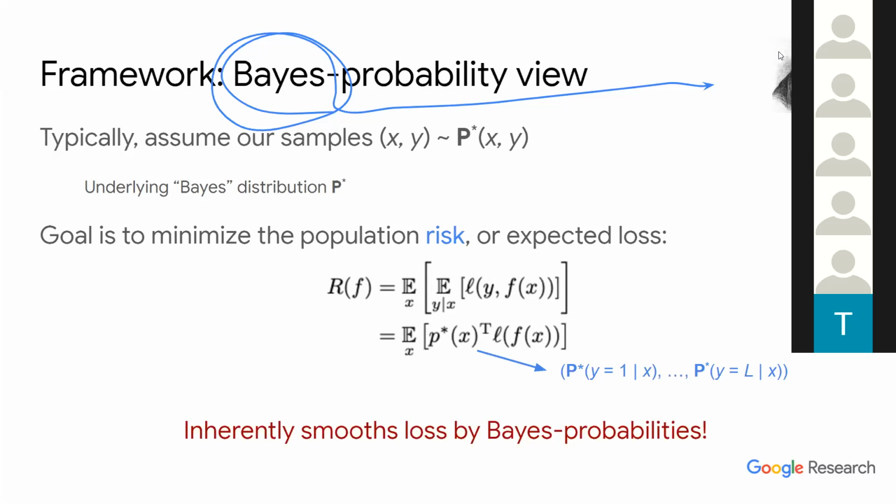This is the exact risk, which is what we want to have. And the empirical risk, versus this risk, is basically what you observe from the data.